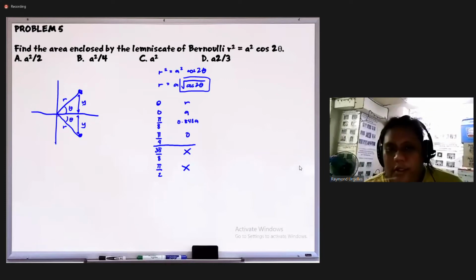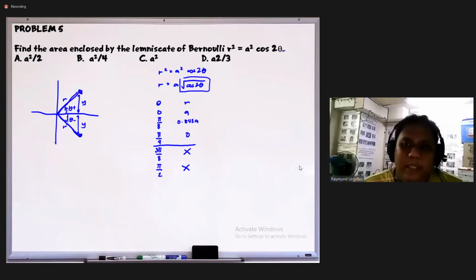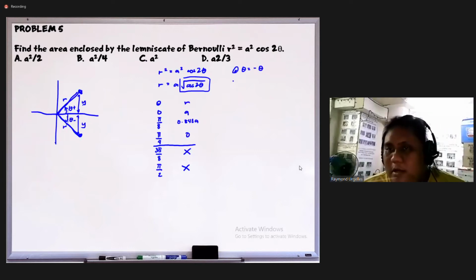So yung makikita natin in terms of the polar curve, hindi magbabago yung radius coordinate niya. Pero yung theta niya, will change direction. From counterclockwise to clockwise, kaya yung positive theta, magiging negative theta. Which means pag pinalitan ko yung theta ng negative theta and hindi nagbago yung r, ang ibig sabihin niyan, symmetric siya with respect to the x-axis. So kaya dito pag sinolve natin sa theta is equal to negative theta, then you will get r squared is equal to a squared cosine of 2 times negative theta.